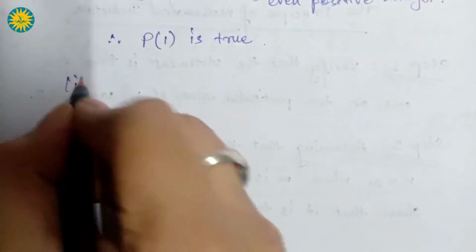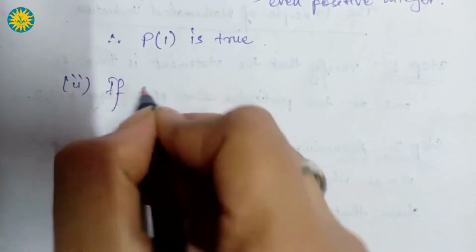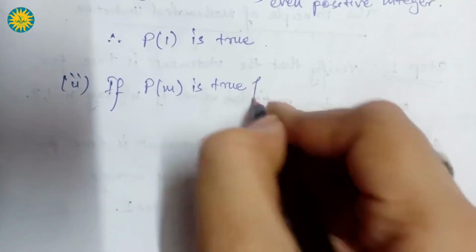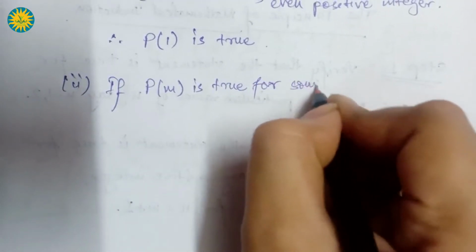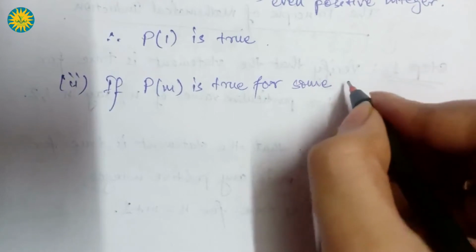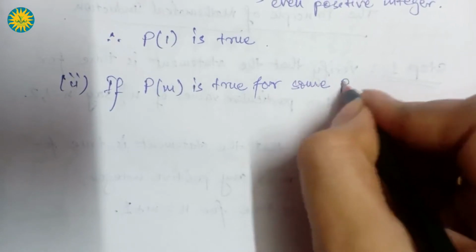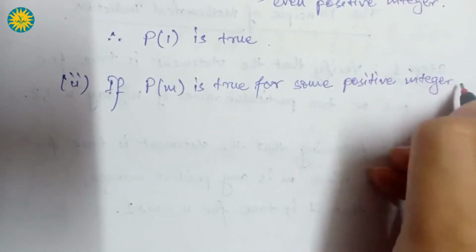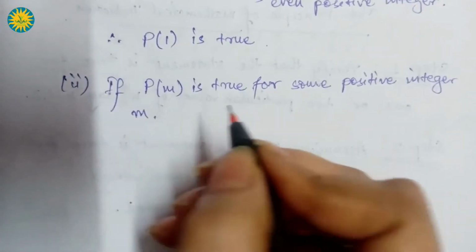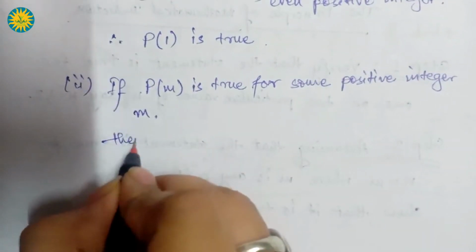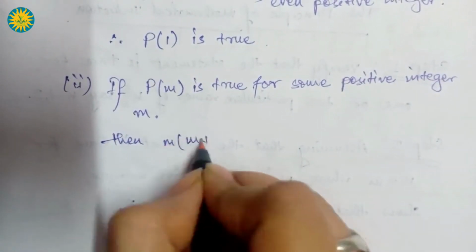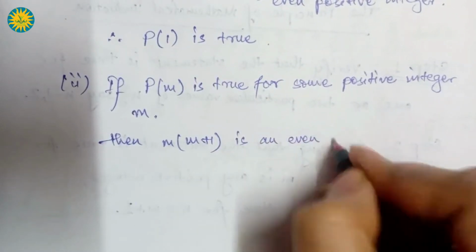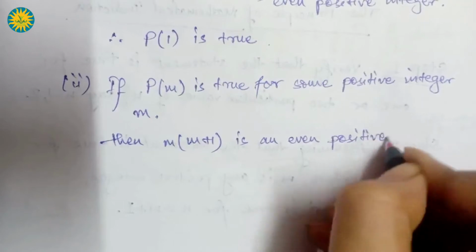Now heading on to the second one. If P of m is true for some positive integers m, then m into m plus 1 is an even positive integer.